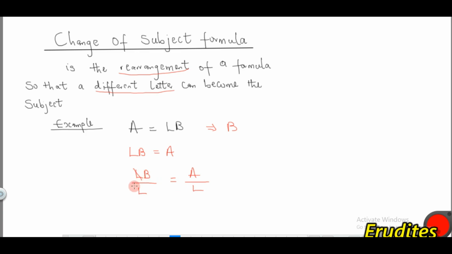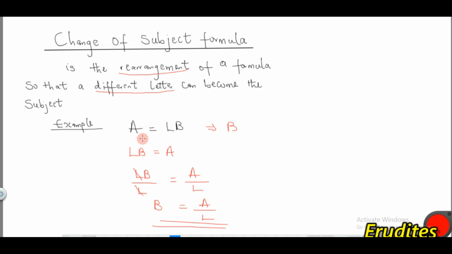So this L will cancel out this L and B will be left alone. So my B will be equal to A all over L. This is my answer to this question. What I did here was to rearrange the formula A is equal to LB so that B, which is the different letter now, can become the subject. So B is equal to A all over L.